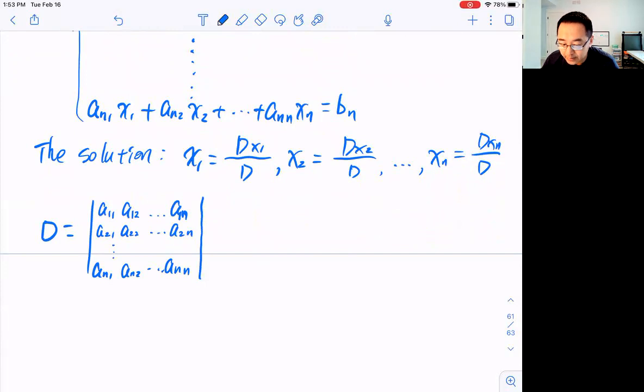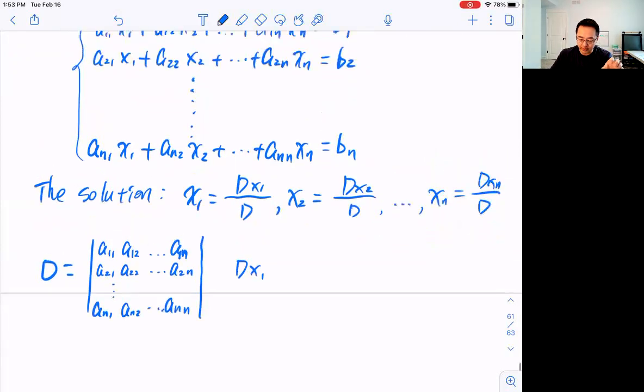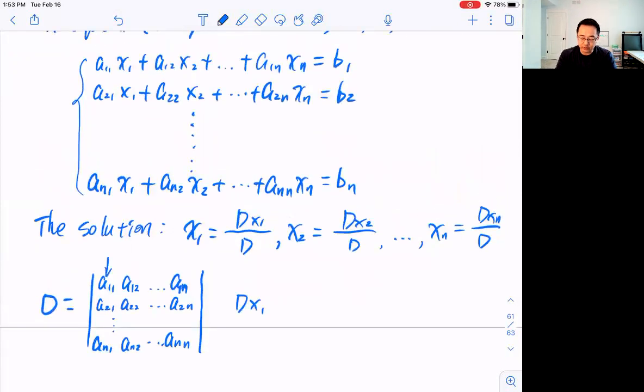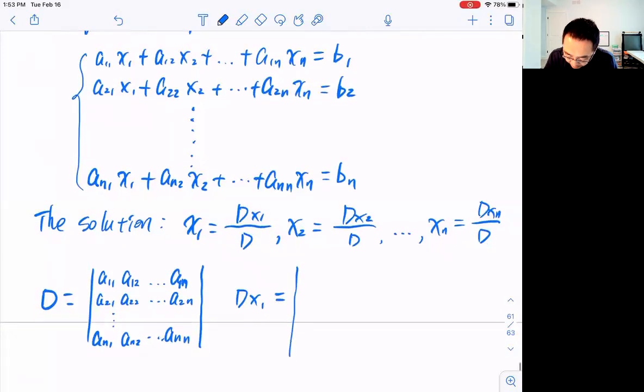Okay, now similarly, dx1 is when you replace all the coefficients of x1s, which is this first column right here, with the constants from your equations. So dx1 is when you replace the coefficients of x1s with constants.